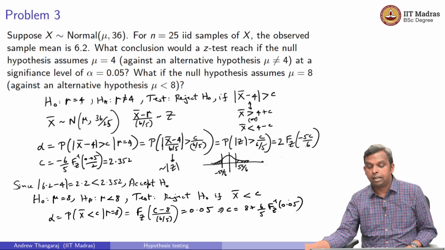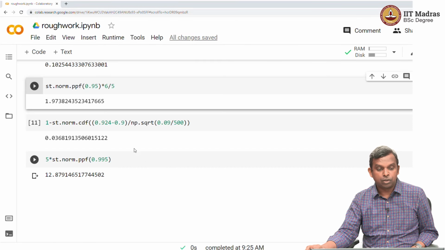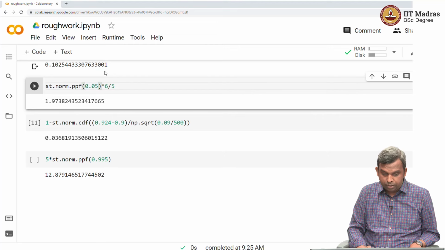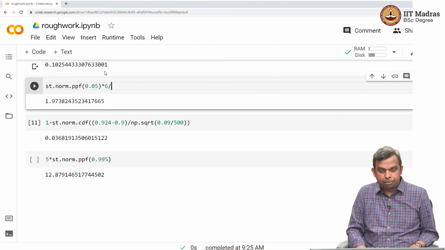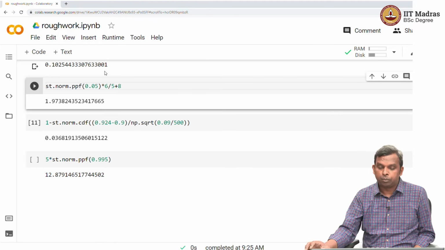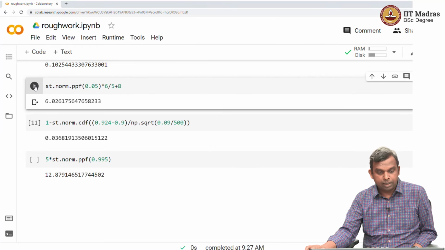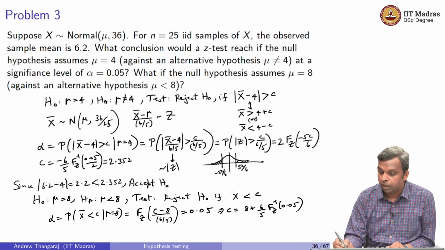Notice how this has changed in sign. So I'll have to do F inverse of 0.05 multiplied by 6 by 5, which remains the same, and then plus 8. If you do this, you're going to get 6.02.